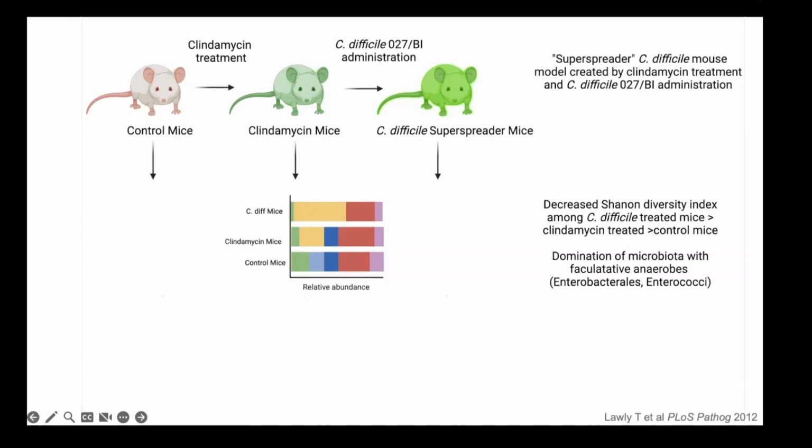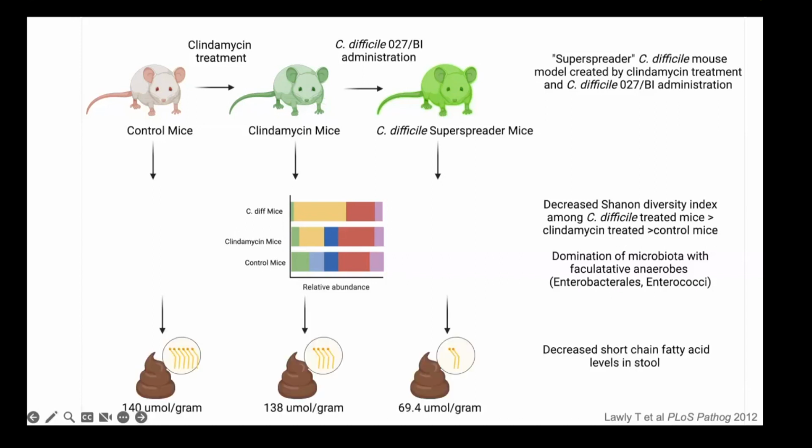So these are what we typically think of as pathogens, not our healthy microbiota anaerobes that we like to see. So Enterobacterales and Enterococci. And they also found that there were decreased short-chain fatty acid levels in the stool of the clindamycin-treated mice and the C. diff superspreader mice compared to our control mice.